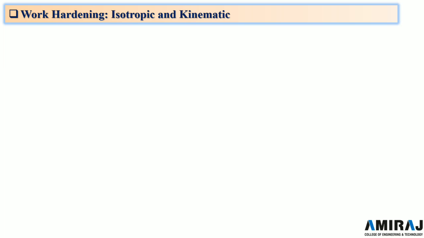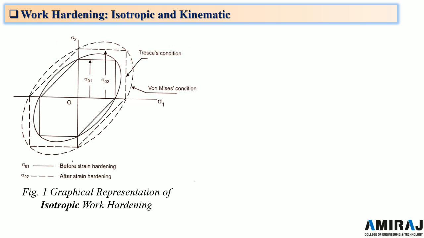Now, in isotropic work hardening, the yield strength increases equally in all directions. Here you can see the graphical representation of isotropic work hardening. The yield strength increases equally in all directions as the graph becomes larger.